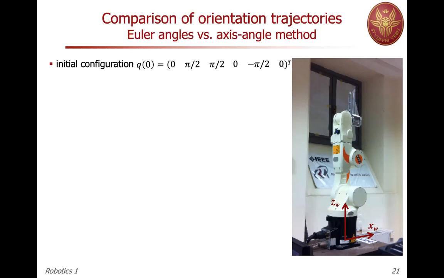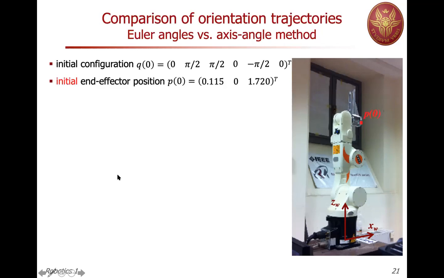If it were 0, then the tool, which is this gray object used to support a camera for this robot, would rotate to the left, with the long part pointing to the left, and the axis would point upwards. Okay, so this is the initial configuration.